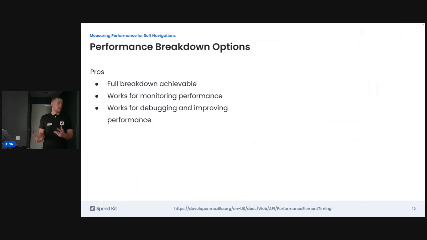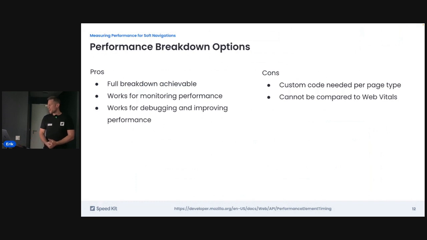And it's achievable to have that in the data, and with some effort, you can then start analyzing. It works for monitoring performance, so you can actually see, does my soft navigation performance improve, or does it degrade when I do a deployment of my application? And it works also for debugging and improving, because you can identify bottlenecks that you can later on hopefully solve.